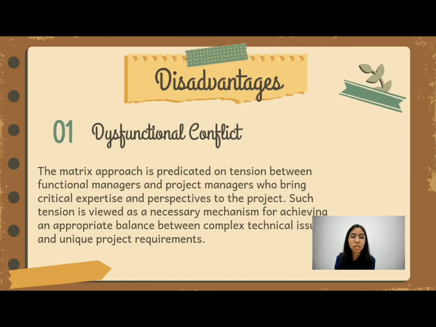First, we have the dysfunctional conflict. Here, the matrix approach is predicated on tension between functional managers and project managers who bring critical expertise and perspectives to the project. Such tension is viewed as a necessary mechanism for achieving an appropriate balance between complex technical issues and unique project requirements.